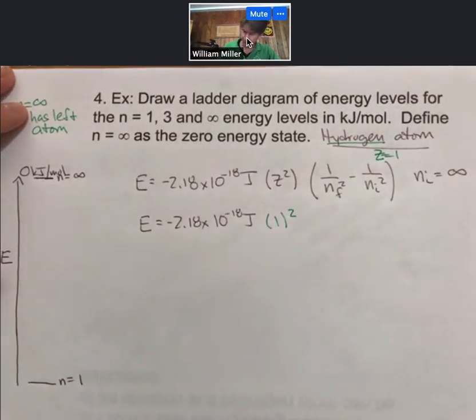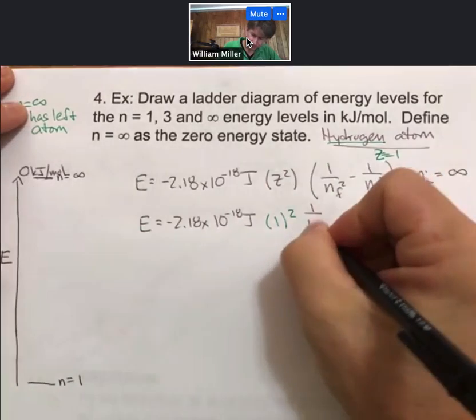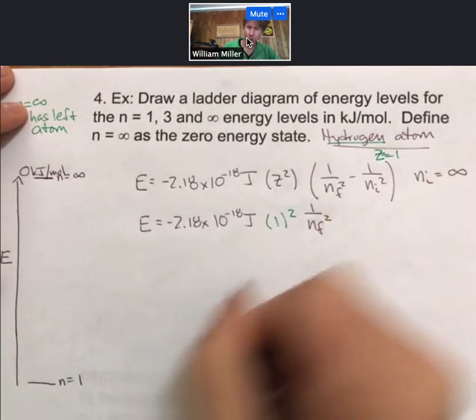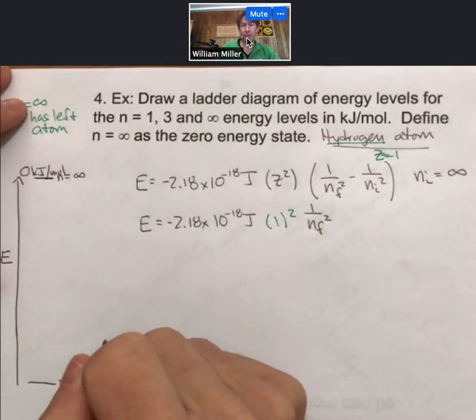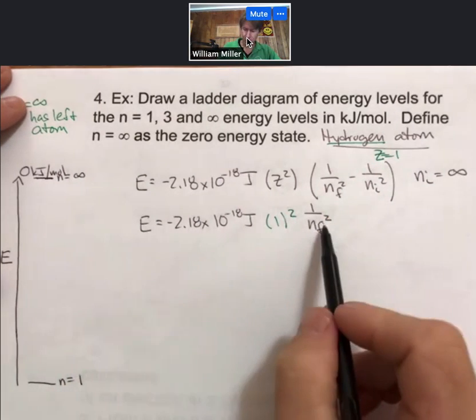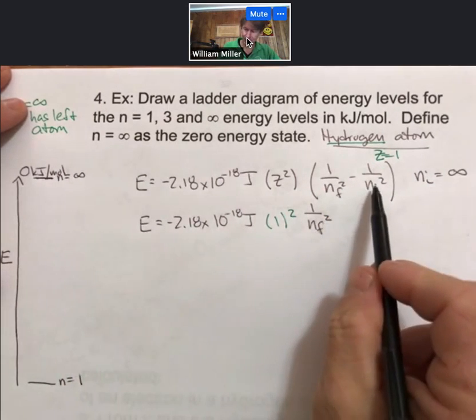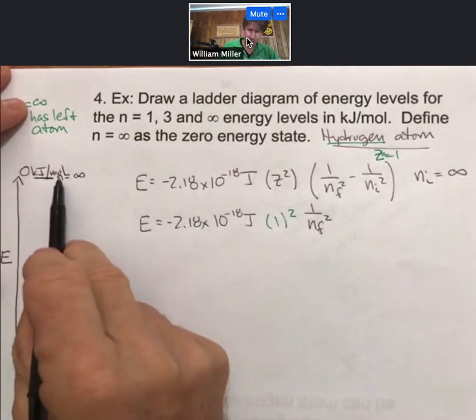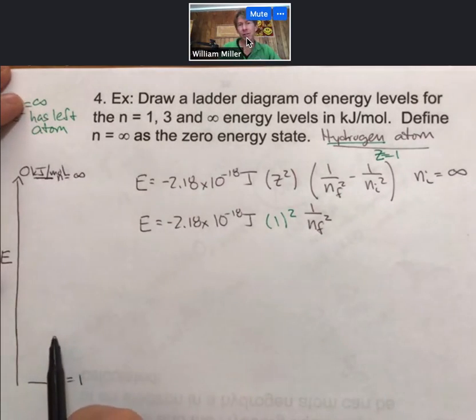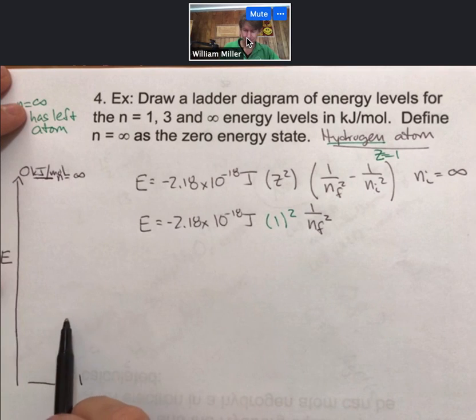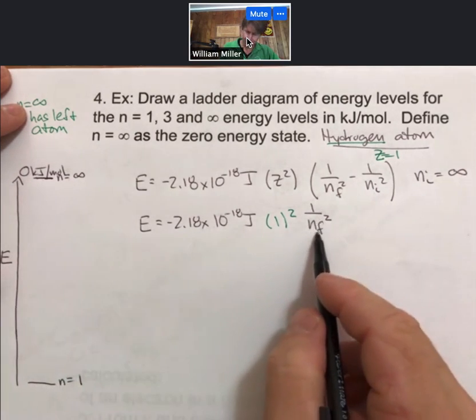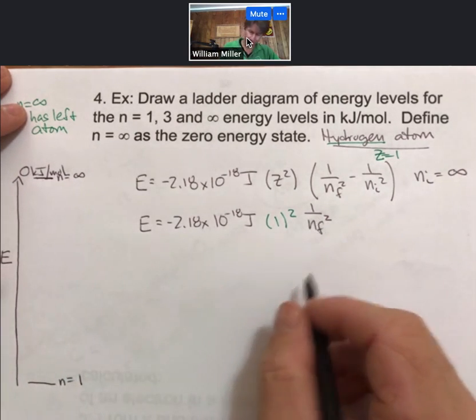And then we're left with 1 over n final squared. And again, this is one number, but it's always indicating that we're starting at n equals infinity and thinking of the energy change as the electron moves closer to the nucleus. And so let's do n final equals 1.